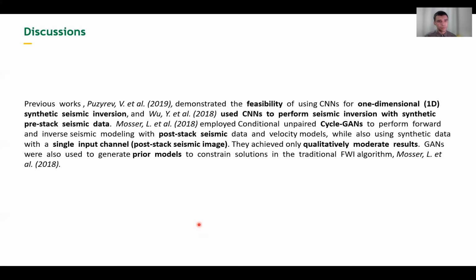Discussions. Previous works show the feasibility of using convolutional neural networks for one-dimensional synthetic seismic inversion. Other works use 3D pre-stacked seismic data and cycle GANs, but also synthetic data, and they achieve just qualitatively moderate results.